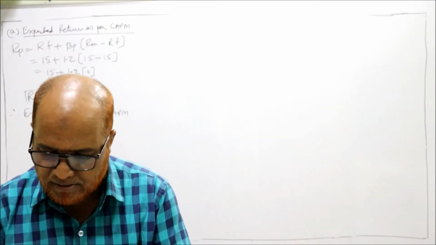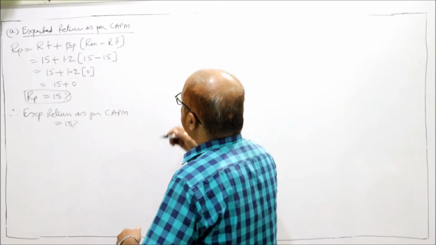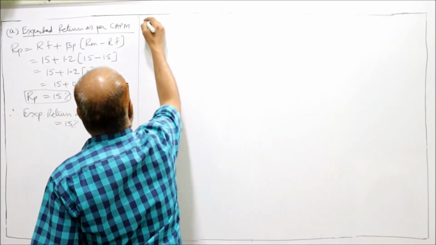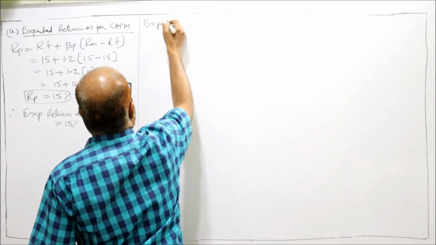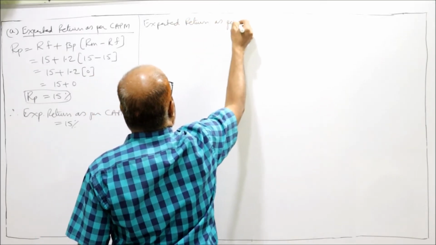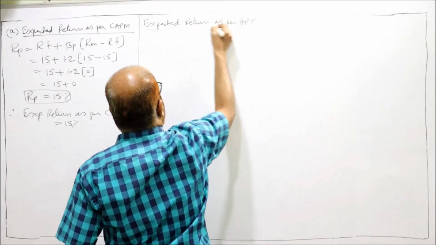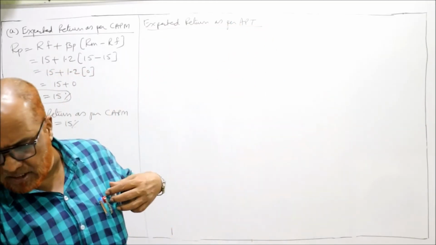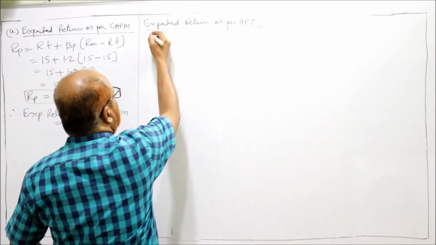So the first answer is completed. Now expected return as per APT, arbitrage pricing theory. For arbitrage pricing theory, we prepare a table.